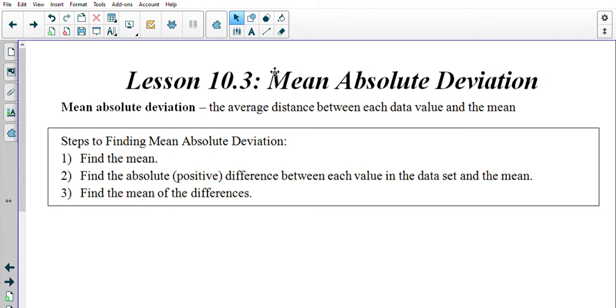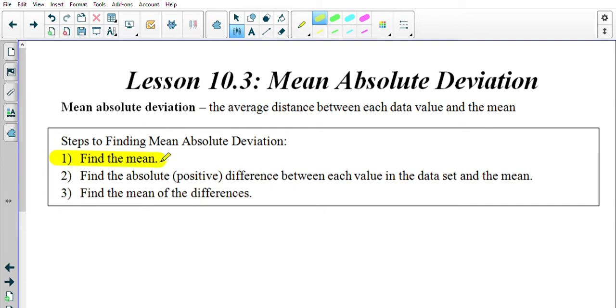So step one is to find the mean for your set. Find the average of the numbers in the set. The second step is to find the absolute or positive difference between each value in the set and the mean. So you're going to use this number from step one as many times as you have numbers in your set. So you're going to use this repeatedly.